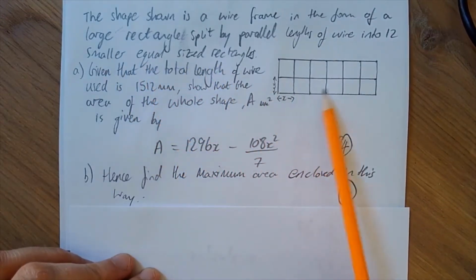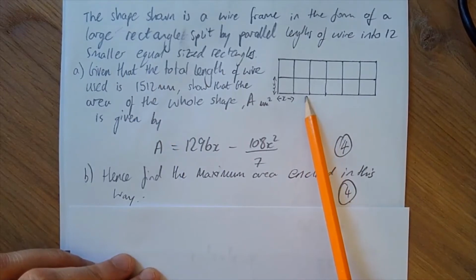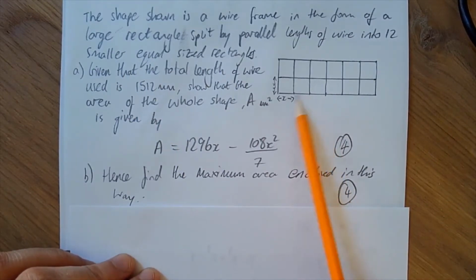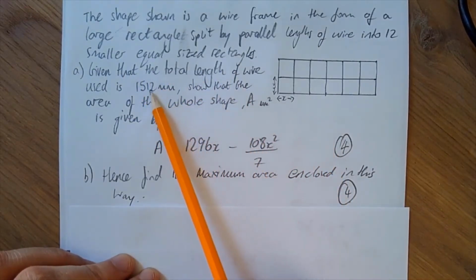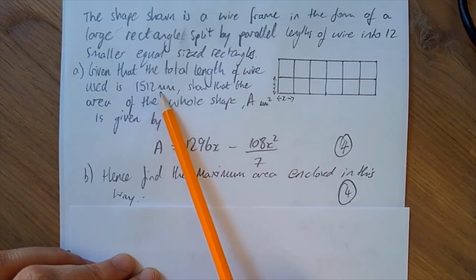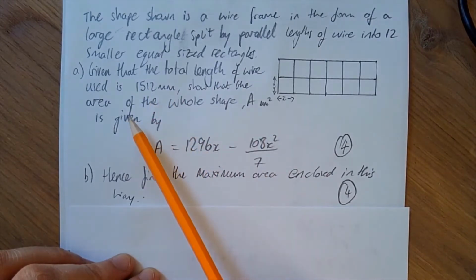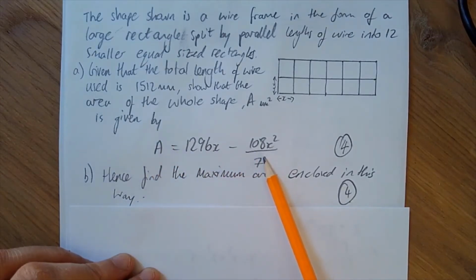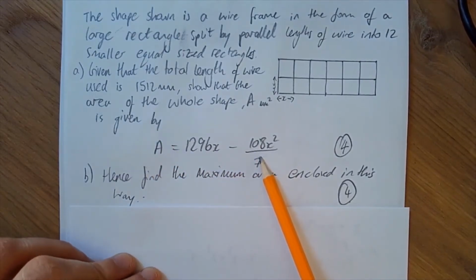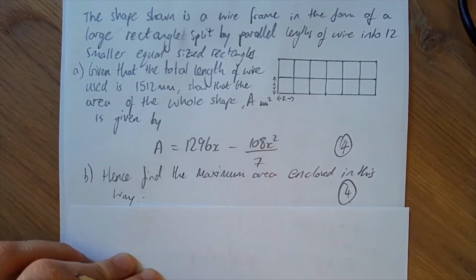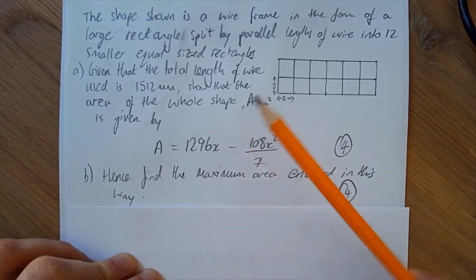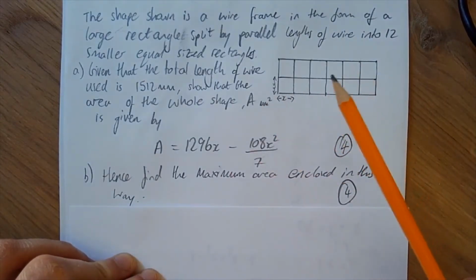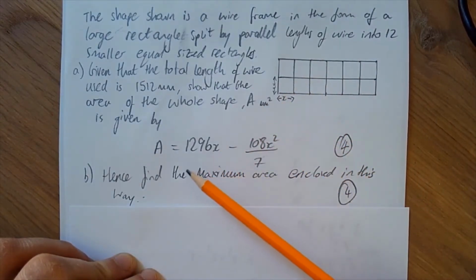They look a bit like squares in my diagram, but they might be rectangles. Given that the total length of wire used is 1,512 millimeters, show that the area of the whole shape A is given by this nasty looking expression here. It is just a quadratic. The fraction makes it look a bit grim, but it's just a quadratic. Nothing to worry about.